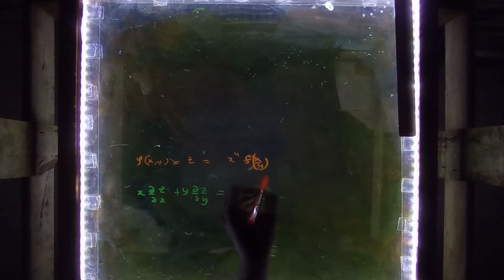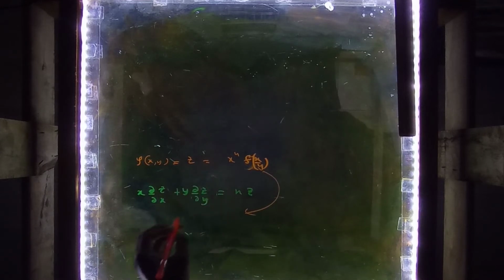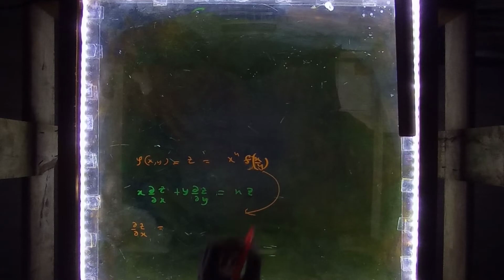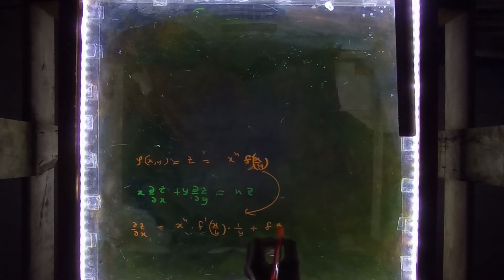So this will be the function z. I'm going to partially differentiate both sides with respect to x. So there is a multiplication: x to the power n times f prime of x upon y times 1 upon y, because this is just a constant with respect to x, plus f of x upon y times n times x to the power n minus 1, right?